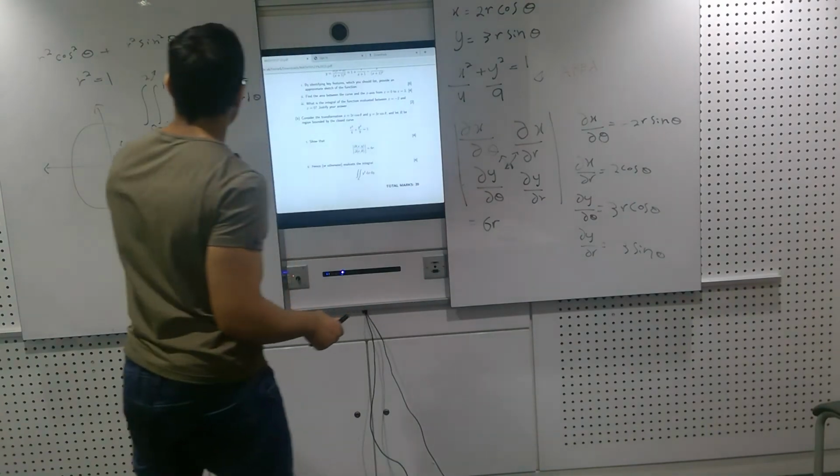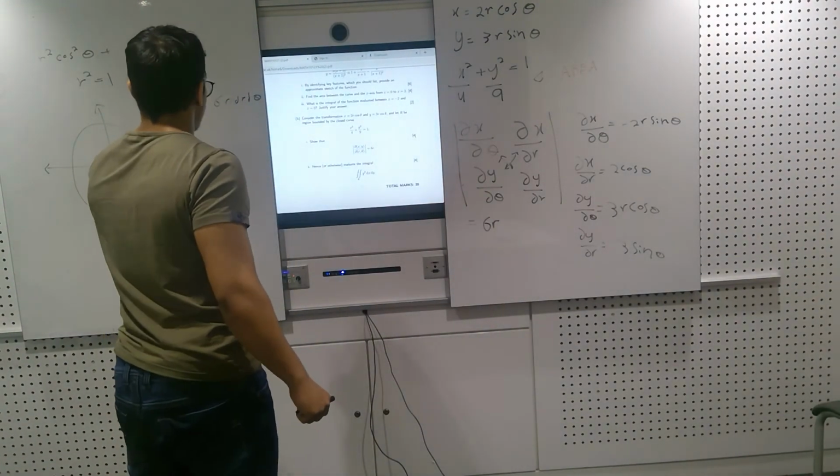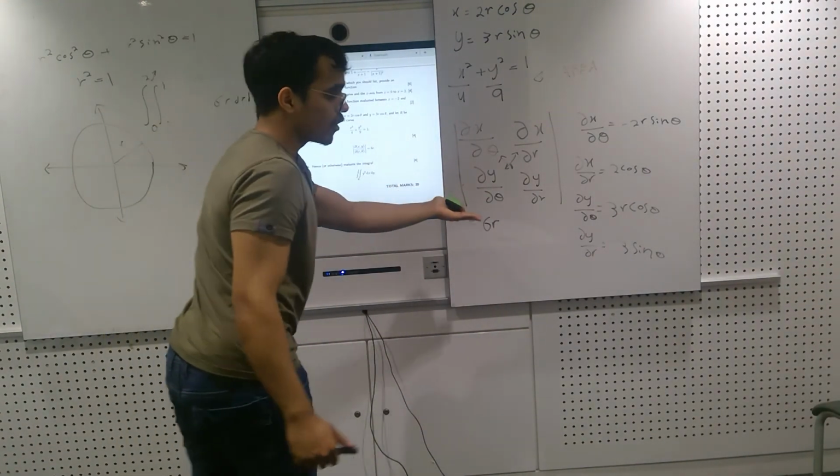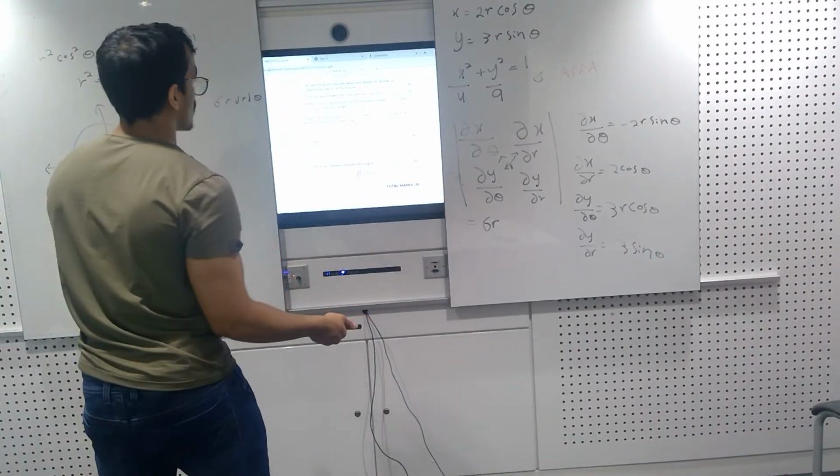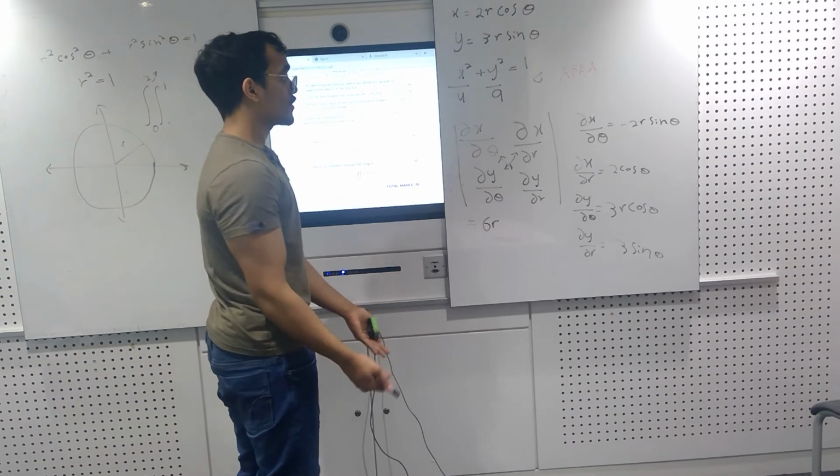If it's a graph or circle, we saw that this is going to be something in polar coordinates. A circle is always going to be in polar coordinates, r squared is equal to something, and you just find it out.